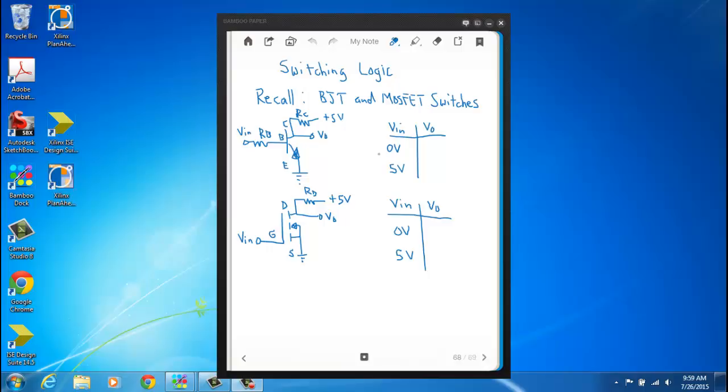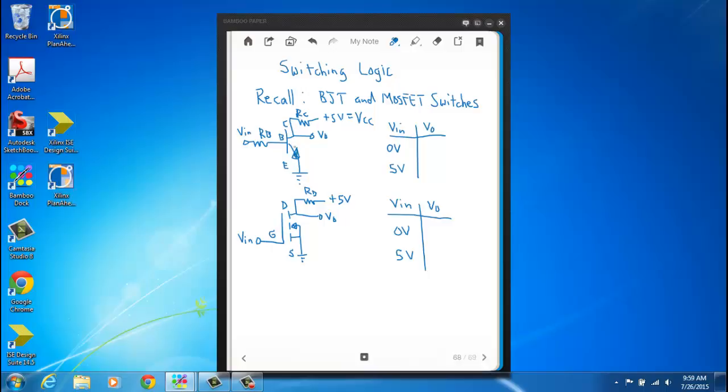And here we're using 0 volts and 5 volts as our possible Vin values. Notice that the source here, VCC, is equal to 5 volts. So when Vin is equal to 0 volts, like we talked about, the collector to emitter would be an open.